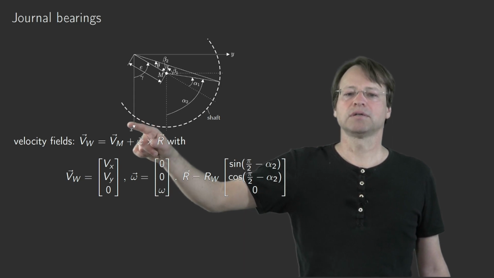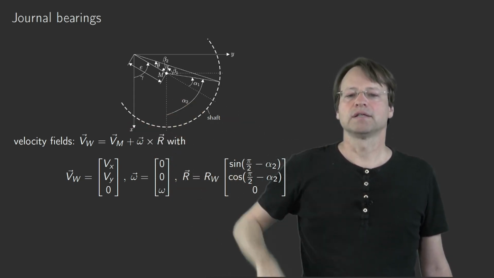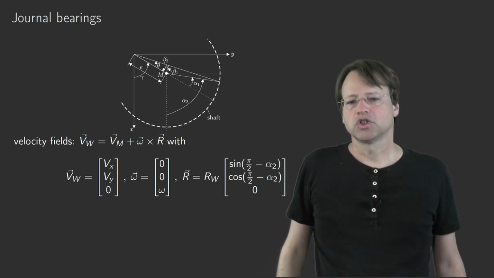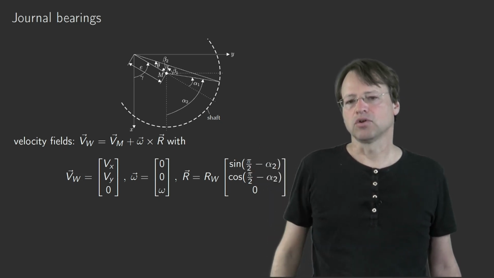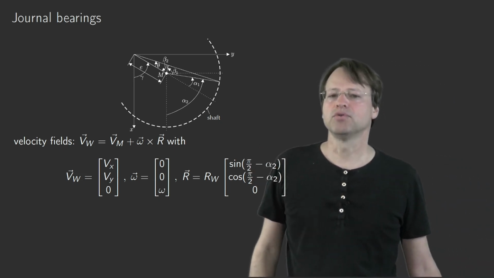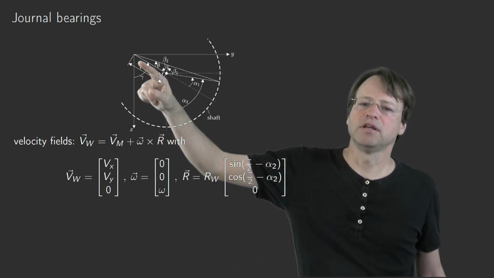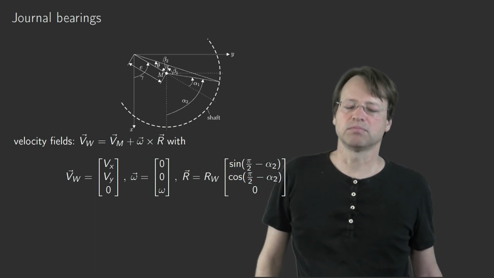There's one thing missing. We need the velocity of the center of the shaft, which should be able to be computed from the information from the rotor dynamic program, namely from the radial displacement and from the circumferential displacement.